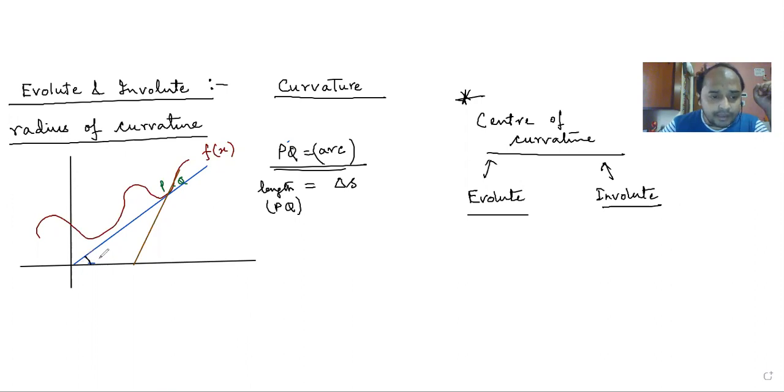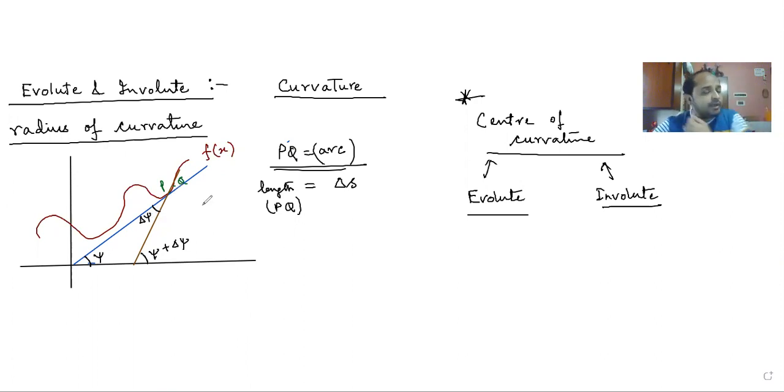Now, this tangent at P is making angle psi, and this tangent is making angle psi plus delta psi. So we can very well understand that this particular angle will be delta psi.